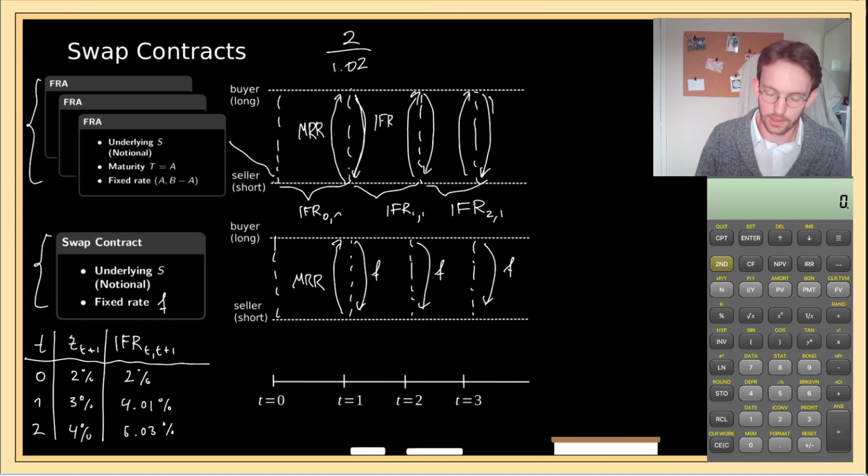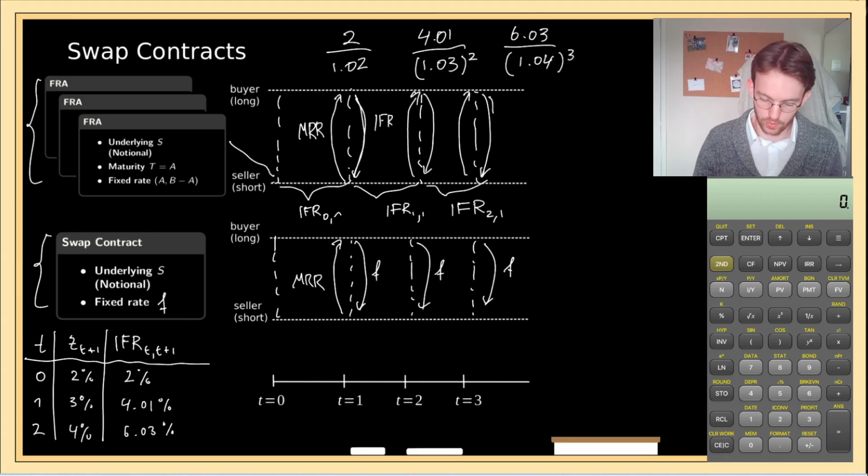The time value of the second payment is 4.01% over 1.03 squared. And that's because the zero rate of that period is 3%. And the final payment is 6.03 over 1.04 cubed. And for the swap contract, the payments are as follows.